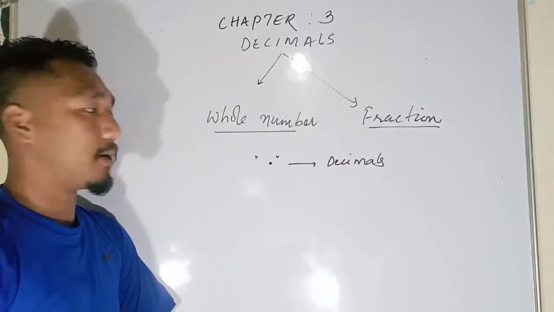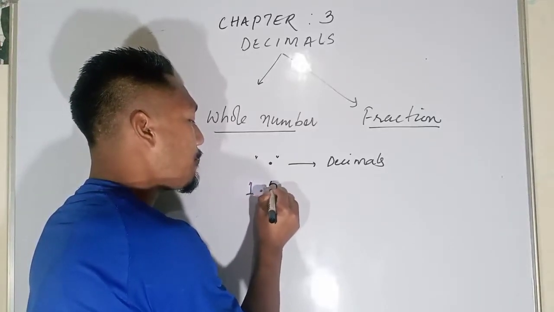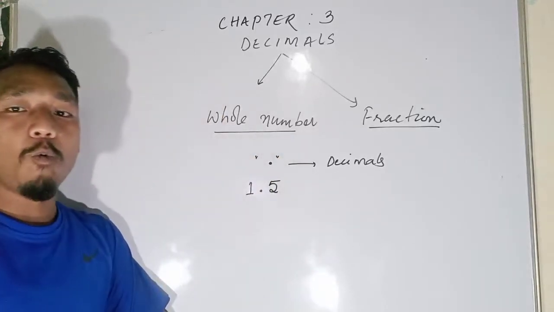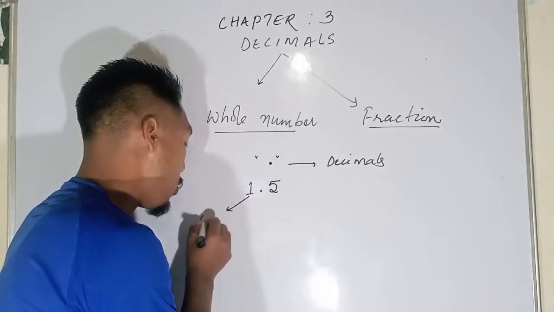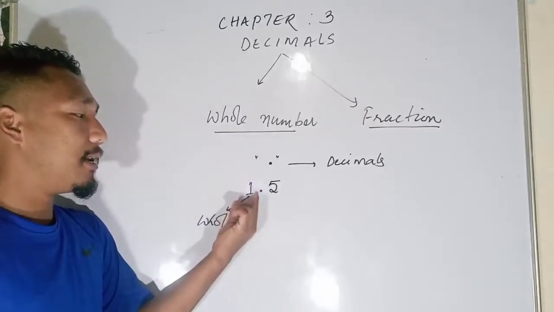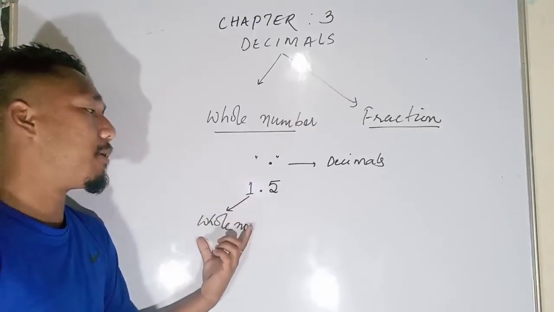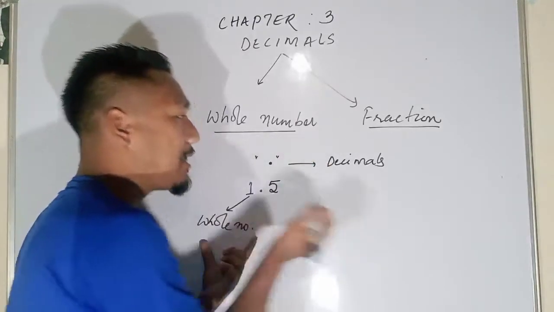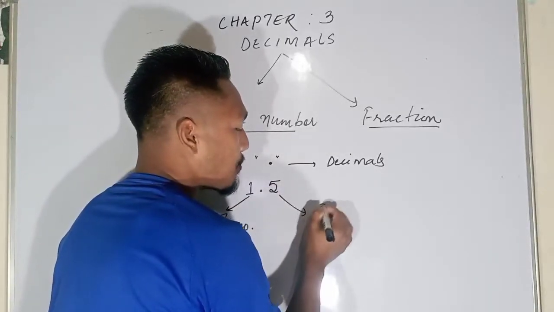You might come across this one, 1.5. This 1 is the whole number. The number which is in front of the decimal point is considered the whole number part, and the number which is behind the point is what we call the fraction part.